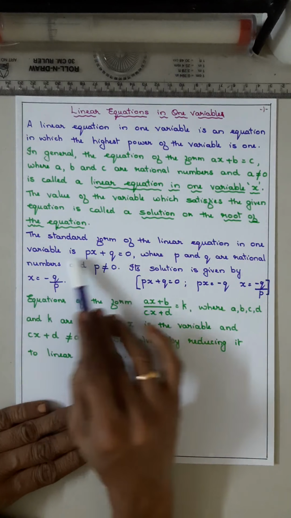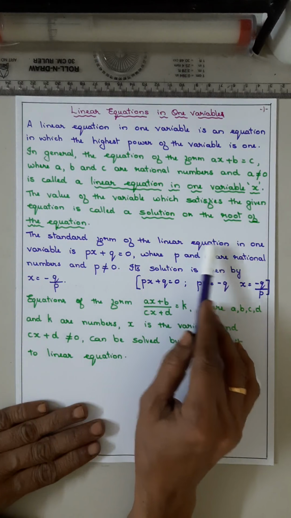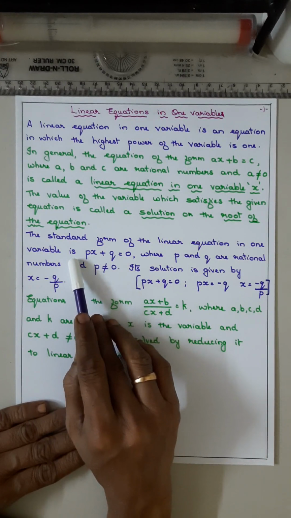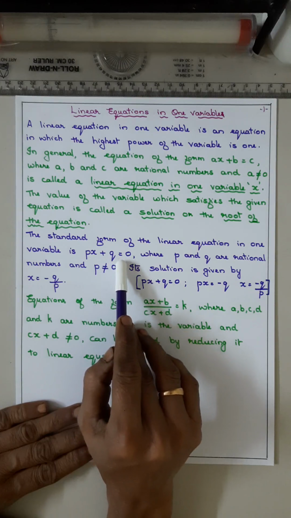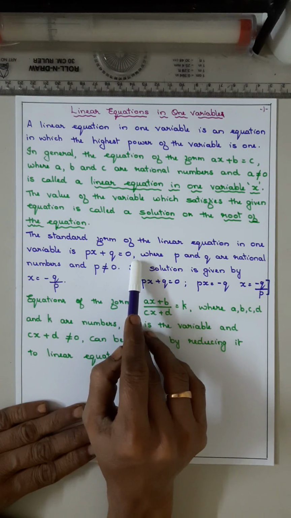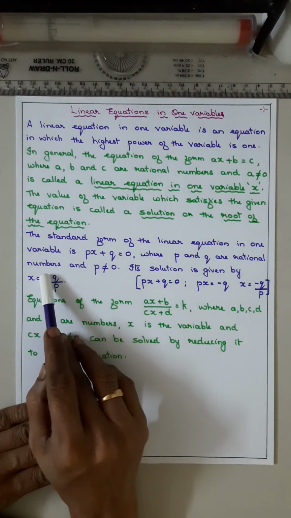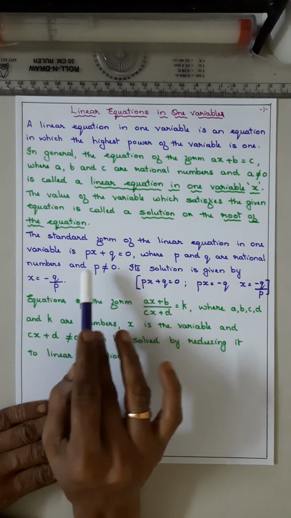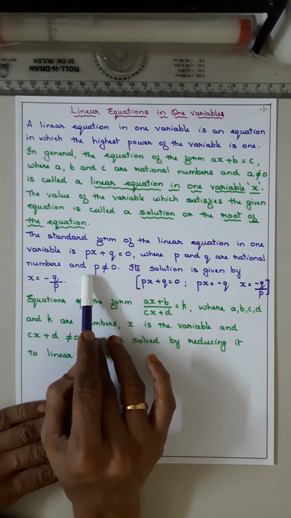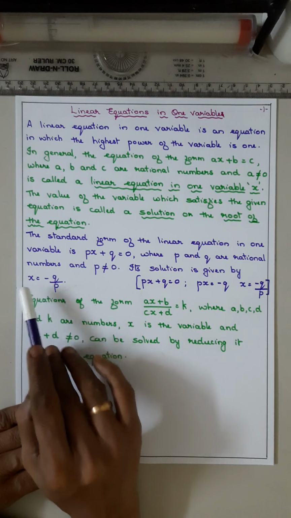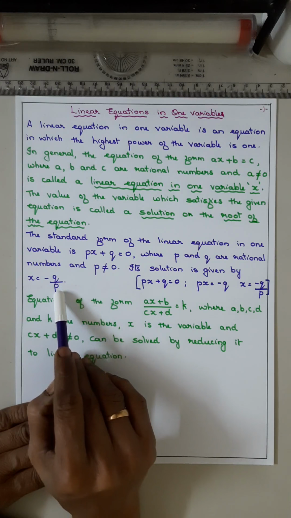Now, the standard form of the linear equation in one variable is px plus q is equal to 0. In this, p and q are rational numbers and p is not equal to 0. Then its solution, how will it be? x is equal to minus q upon p.